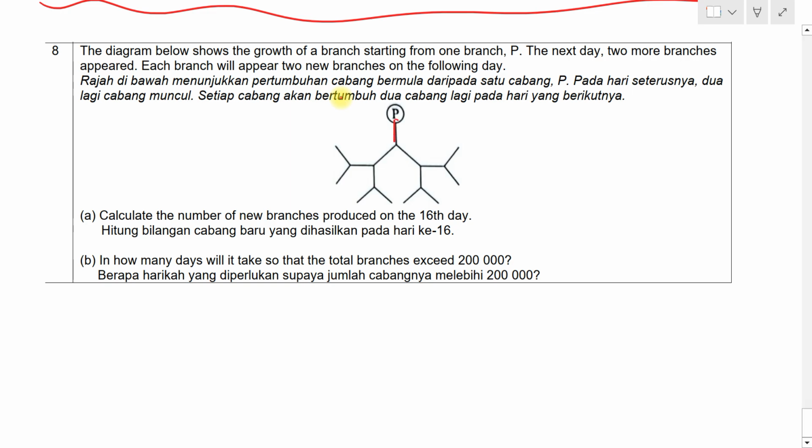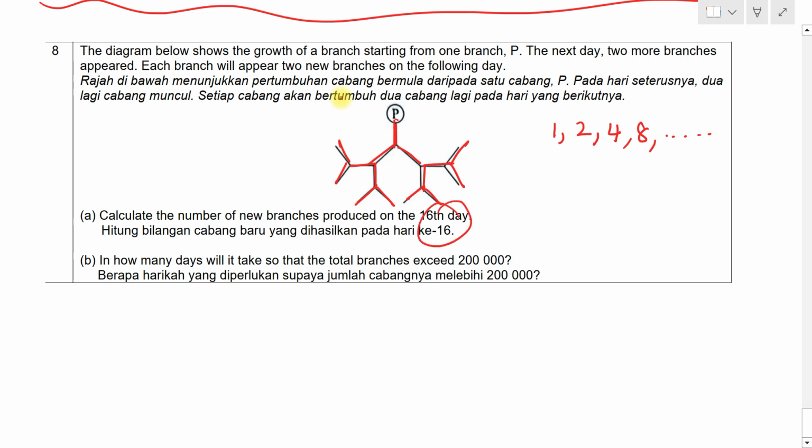First, it was only 1 branch, then it becomes 2, then there's 2, another 2: 1, 2, 3, 4. And on day number 4: 1, 2, 3, 4, 5, 6, 7, 8. So this is your progression.